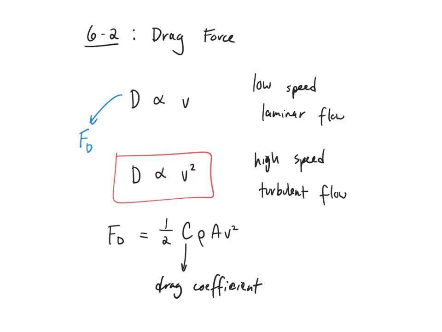So in your text, there's a table that gives you the terminal speed for certain objects: a parachuter, a raindrop, a ping pong ball, a basketball, a tennis ball, a baseball, a skydiver, and a shot put. That terminal speed is this v that we're solving for in this equation, but it's most likely experimentally determined.